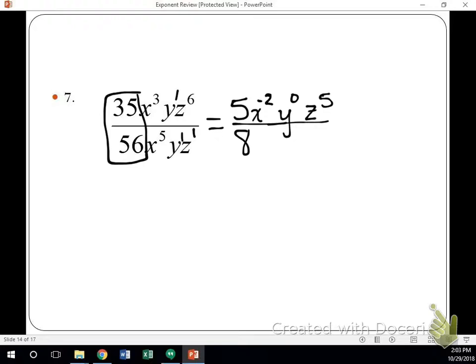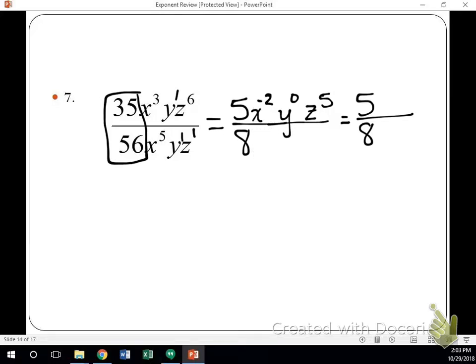All right, now we're going to play should it stay or should it go. We know that the 5 and the 8 are staying where they're at. Now, the x to the negative second, do we want that to stay where it is or move to the denominator? Move to the denominator. What happens when it moves? It goes to positive. Very good.